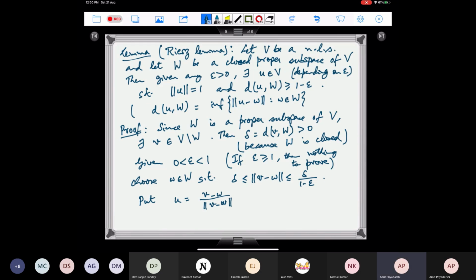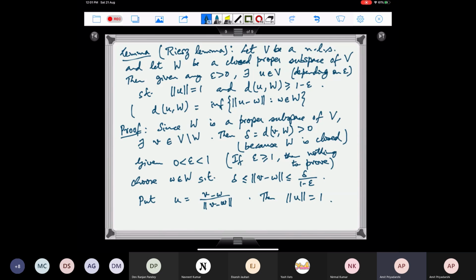So if we write u equal to v minus w by norm v minus w, then first of all, norm of u is equal to 1, and we have to see that the distance of u to W will be bigger than or equal to 1 minus epsilon. This is what we are claiming.